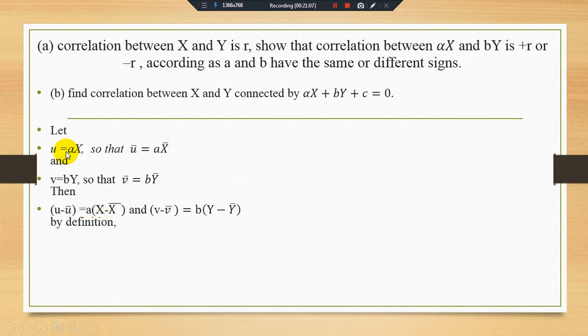Similarly we subtract this from this, and we get v minus v bar is equal to b into y minus y bar.